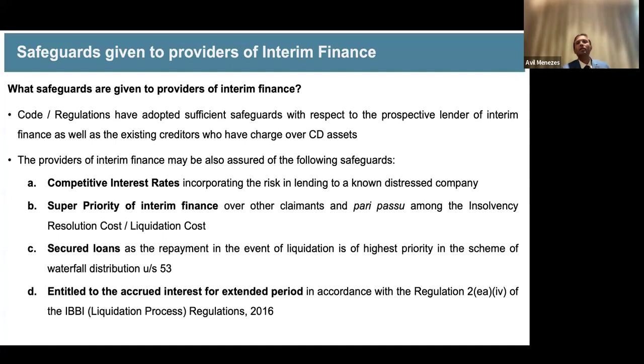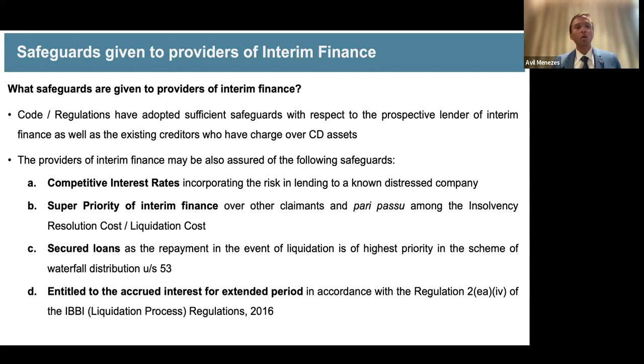So what are the safeguards to an interim finance provider? Anyone who provides interim finance, you will have to tell him that the rates will have to be competitive, because it's a super priority which is there in the code, because you will get money before any other claimant. So your security, even though there is no security to you, the code itself gives security. The entire factory works like a security because you have a super priority in terms of claim.